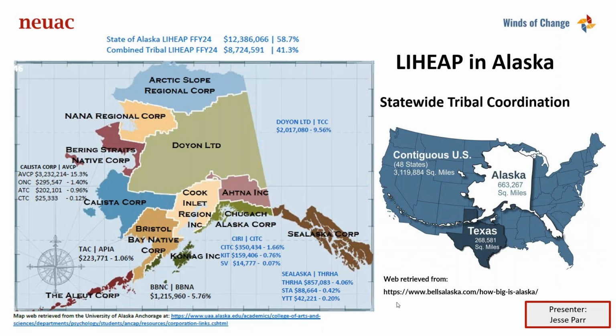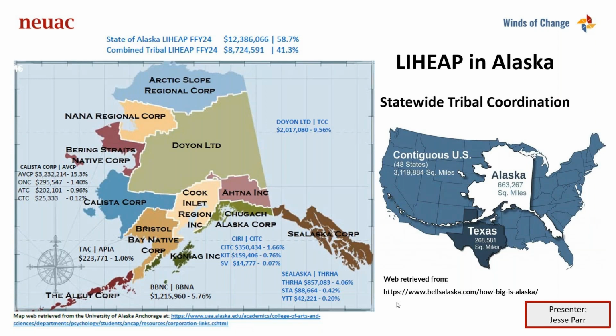And as Jacob previously showed, and I'm kind of demonstrating, Alaska is a big state. We are twice the size of Texas and 3 times the size at low tide. Within Alaska, I believe there are 229 federally recognized tribes. Alaska is also organized into 13 regions.